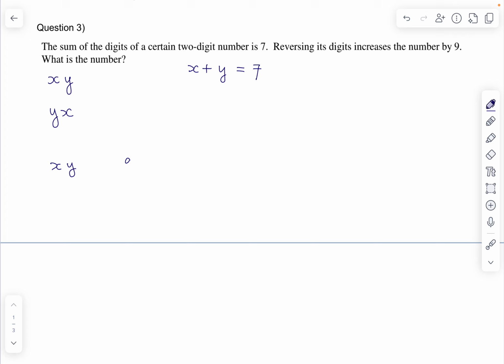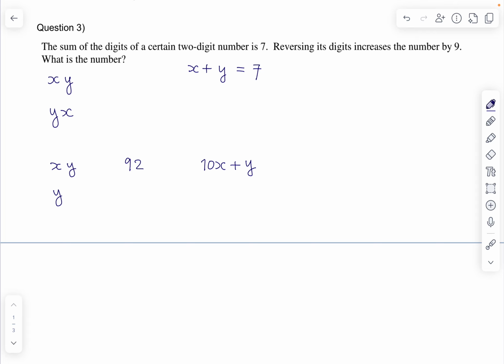In my previous example, we talked about 92. So 9 actually has the value 90. So x in this case has the value x times 10. So xy has a value 10x plus y. For instance, in the example of 92, it's 9 times 10, which is 90, plus 2, so 92.